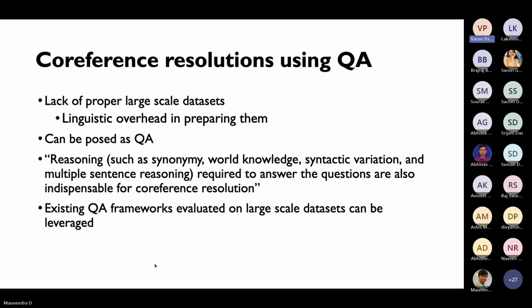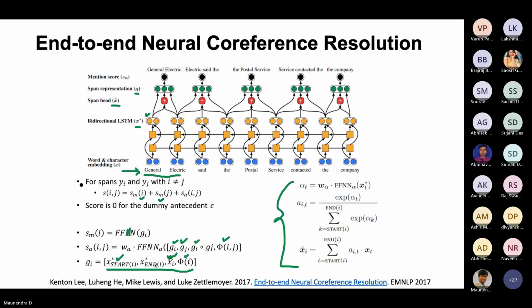Sir, can you go back? So when we say start i and end i, do we consider the entire token between start and end, or only the start and end points? Like for General and Postal, it will be only the X star for General and the X star for Postal.